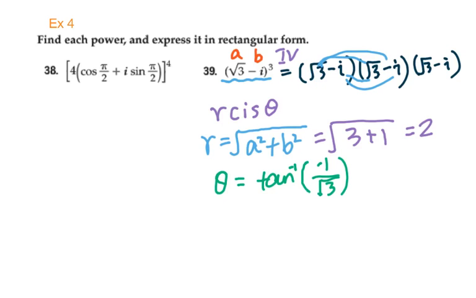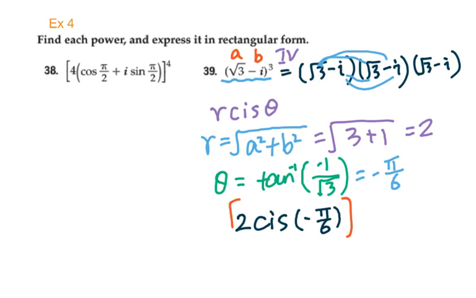You don't have to add a pi. So we get -pi over 6. Therefore, the polar form of this complex number will be 2 cis -pi over 6.